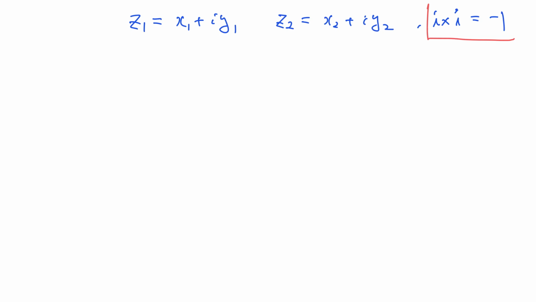Let's say i times i is -1. So this is our assumption or premise.